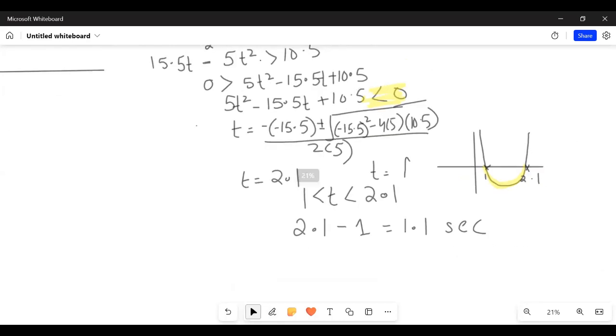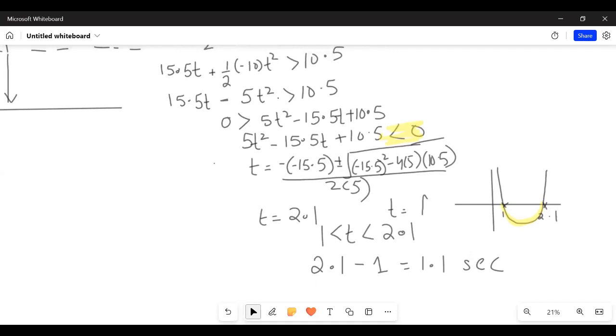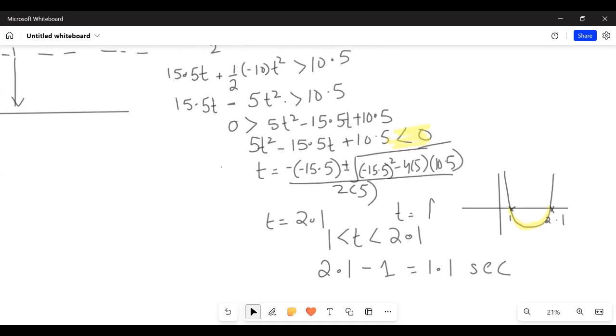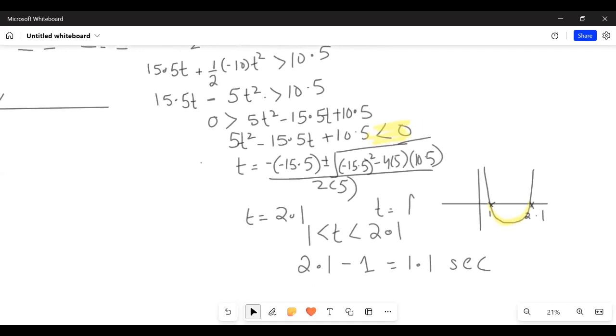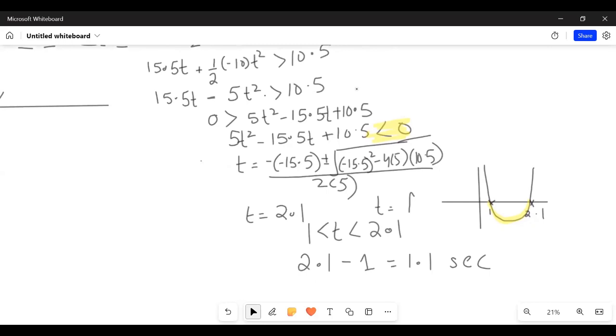So for 1.1 seconds, the ball was at a height greater than 10.5. So you might have to use the concept of quadratic inequalities in mechanics too.